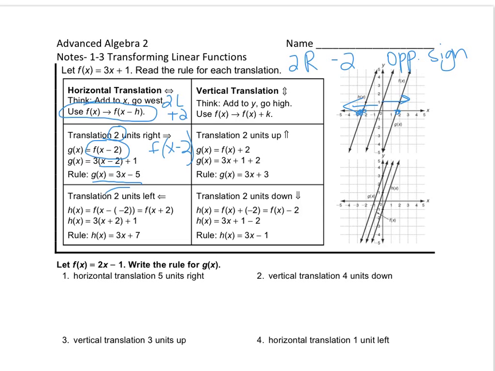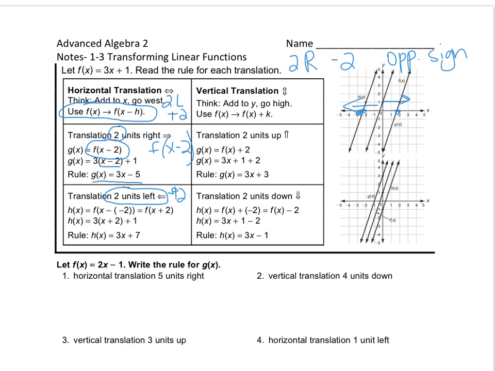Now, let's continue here on a horizontal translation, 2 units to the left. Remember, if you're going to the left, you're going to be adding 2. The reason we add 2 is exactly what's written right here. When we substitute it in place of x in f of x, it's always minus the value. If we are subtracting a -2, that is where we get +2.